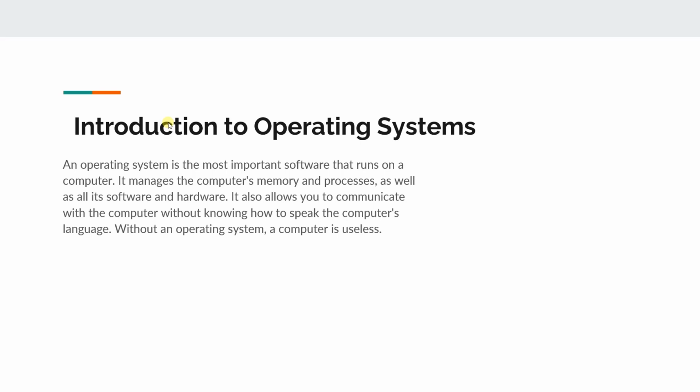Because of the operating system, right? So basically, the operating system helps us to manage the computer memory and processes as well as its software and hardware. It helps us to talk to this computer without even us knowing the language of that computer.